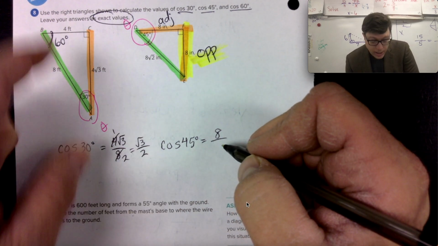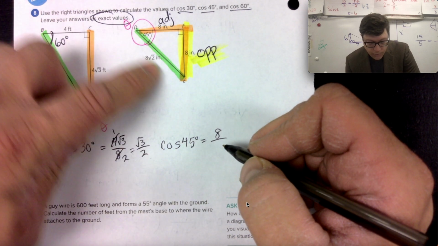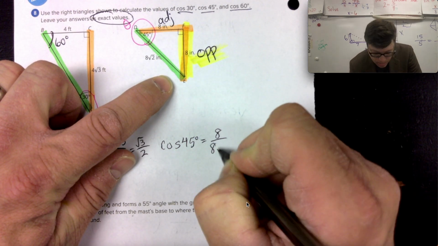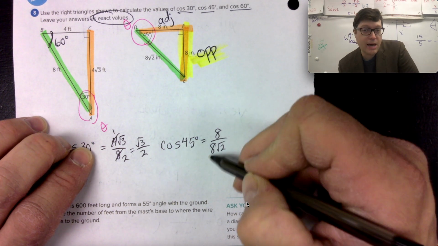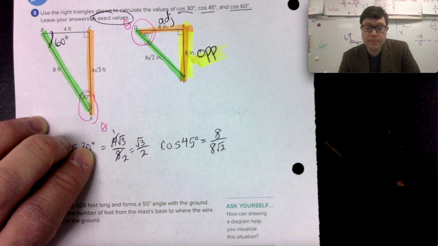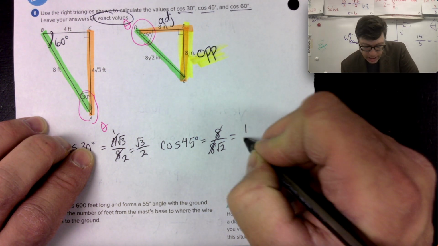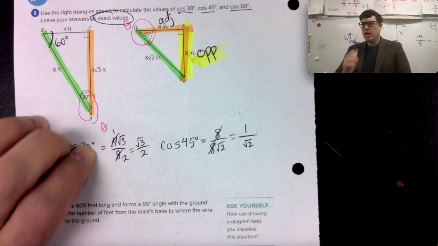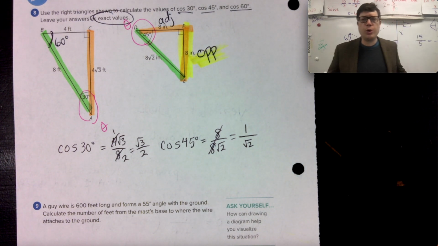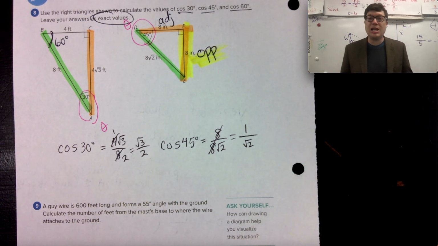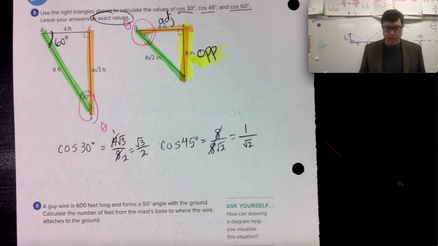So what we can do now is write the fraction adjacent over hypotenuse. And since both of those have an 8 in the top and bottom of the fraction, they reduce to 1 over square root 2. And if you watch that YouTube short where you have a square root on the bottom, I show you how to rationalize the radical denominator.